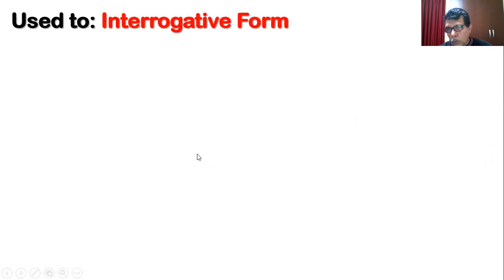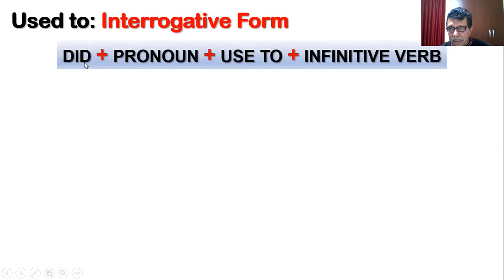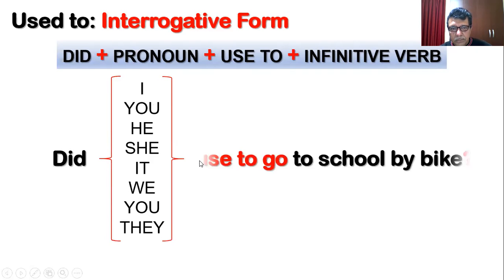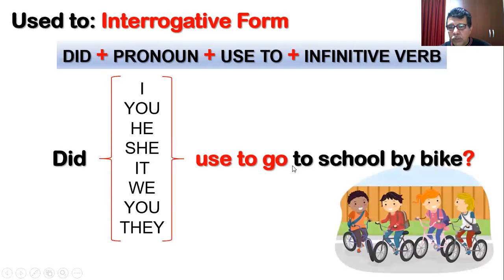Interrogative or questions. We're going to use did at the beginning plus pronoun plus used to plus a verb in the infinitive. For example, we have here did, all the pronouns here, and use to go to school by bike? This is my question. Did you use to go to school by bike? Did she use to go to school by bike? Did they use to go to school by bike?